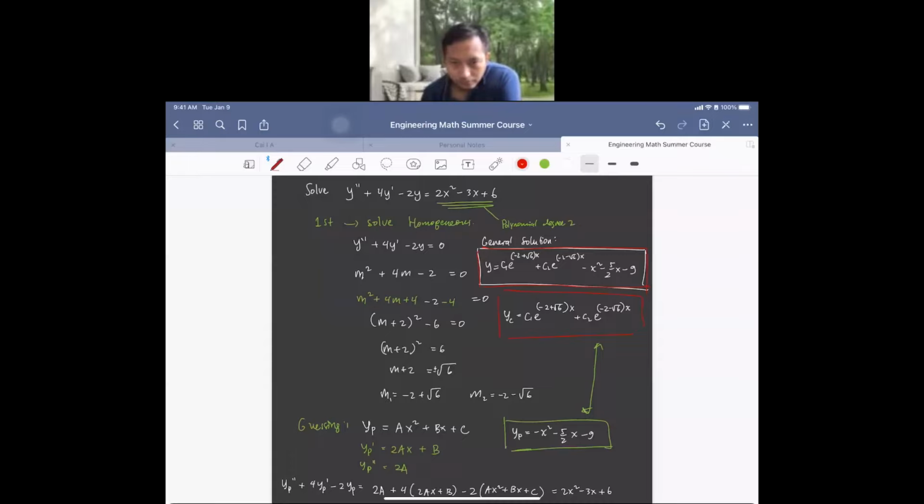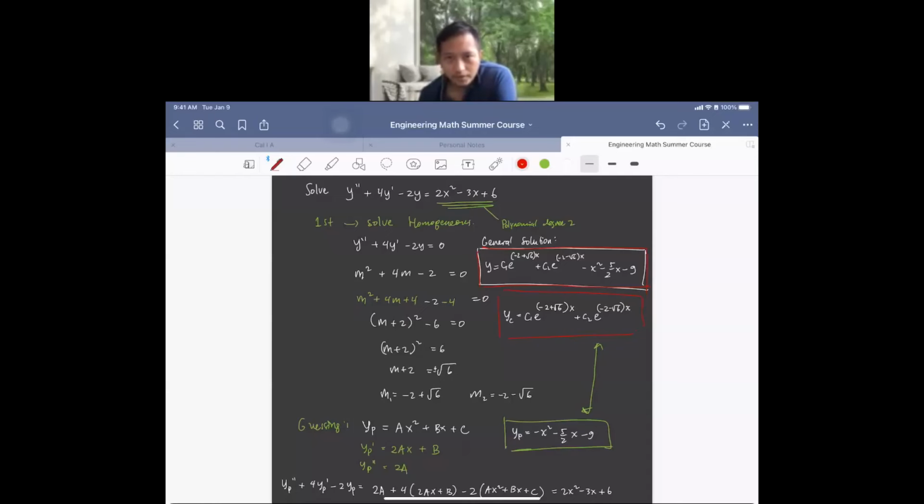What's your question, Sam? Yes, first finding the homogeneous solution, and then the second step is guessing the particular solution. After we guess, we check and equate with the right side, the non-homogeneous side.